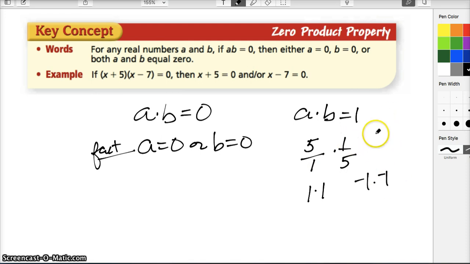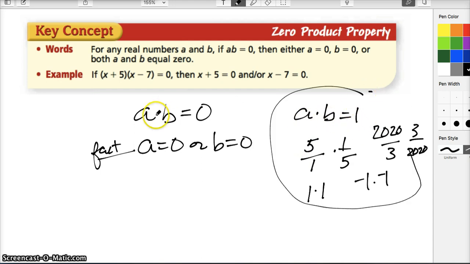I mean, literally, there's infinitely many choices. 2020 over 3 could be one value, and the other one would be 3 over 2020. Literally, it could be anything. So anytime A times B is equal to a particular number, not that interesting. But when A times B is equal to 0, boom, we get something. A equals 0 or B equals 0.